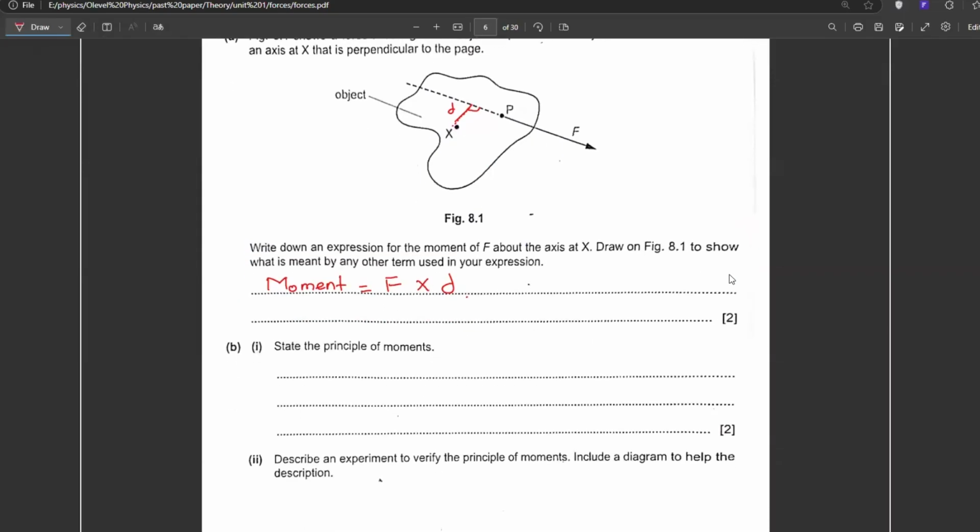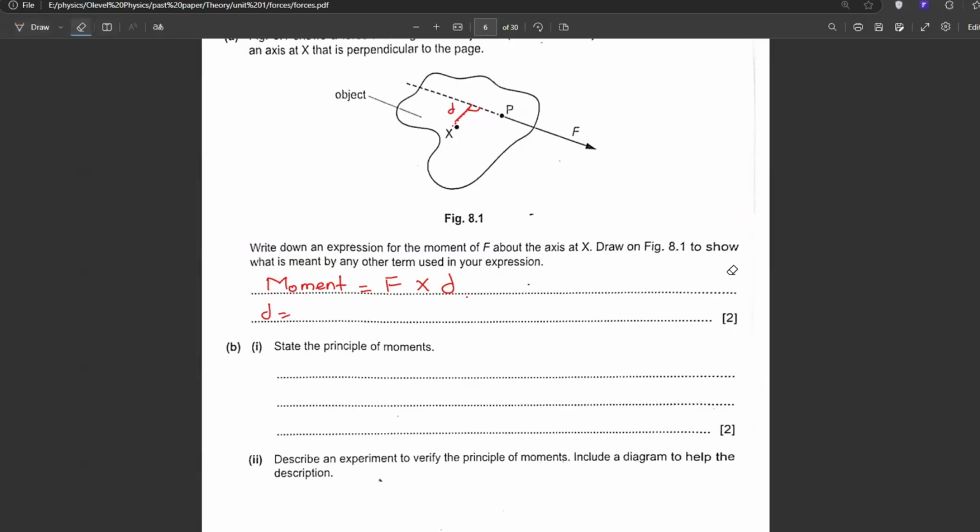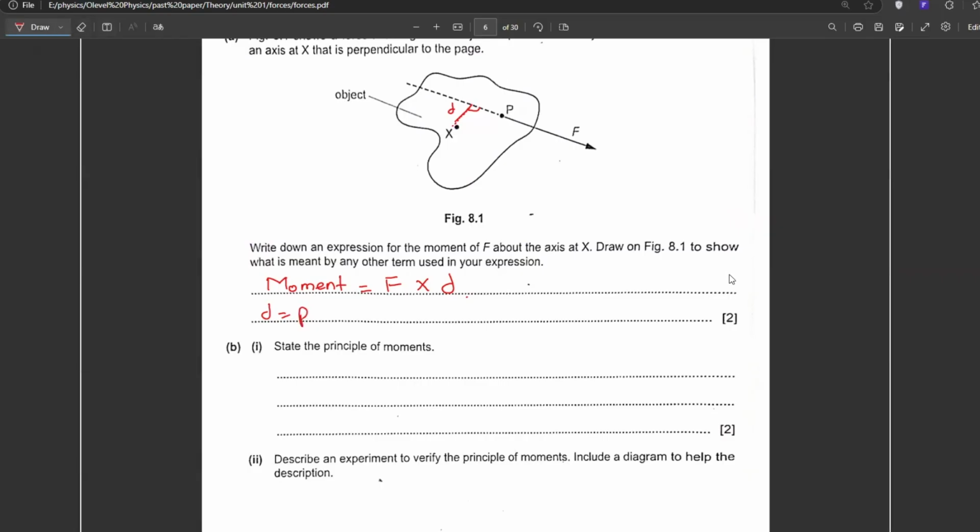Let's also define it. d is your perpendicular distance between force and pivot. Simple as that.